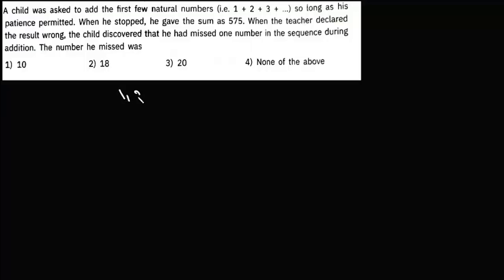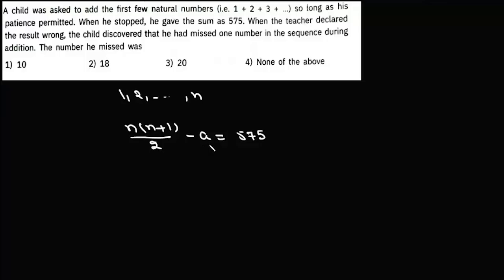Now, if the child has added all the numbers from 1 to n, its sum would have been n(n plus 1)/2. And suppose the number he has left out is a, and this sum is now 575.